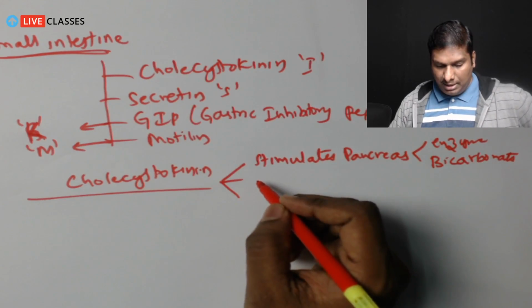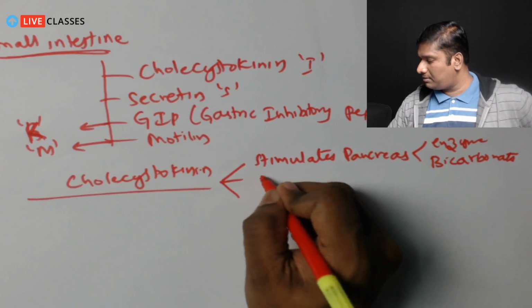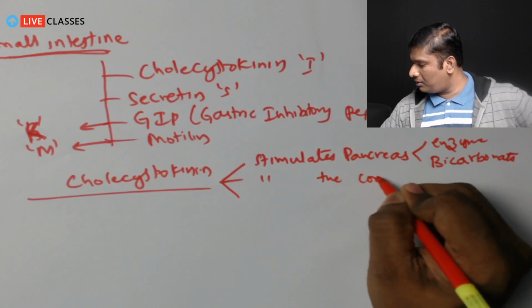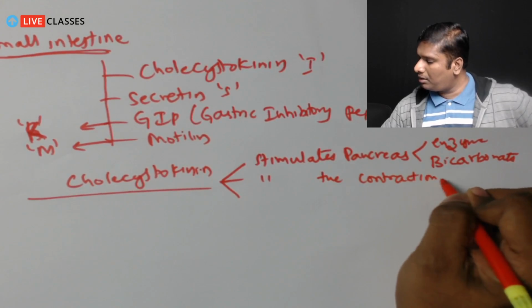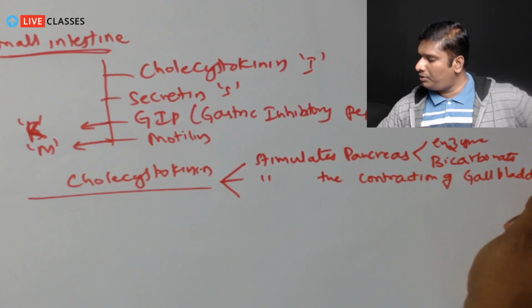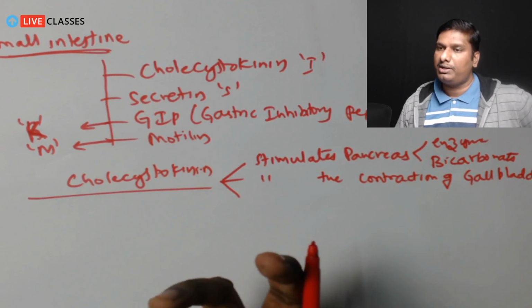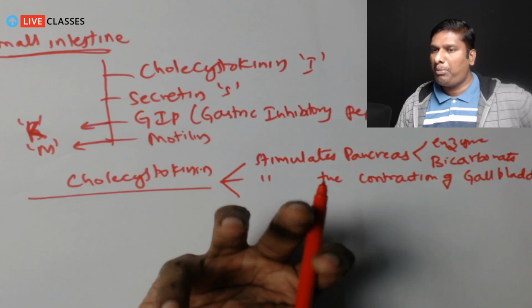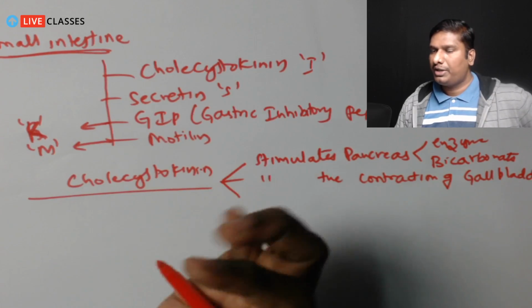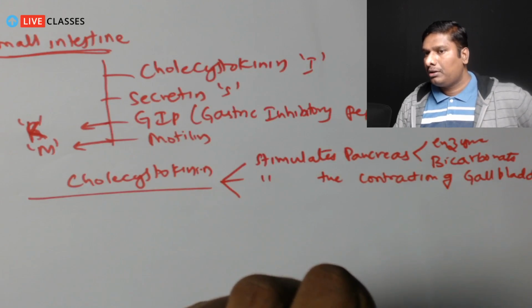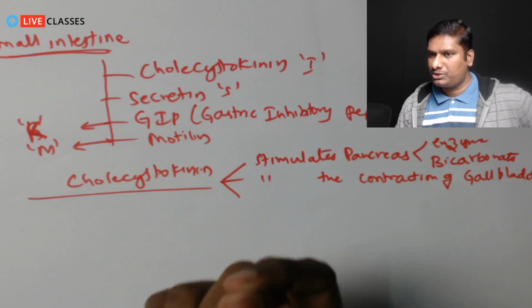Then what else? It also stimulates the contraction of the gallbladder. You know that the bile is stored in your gallbladder. It's basically a pouch or a sac, so it needs to be pressed in order to release the bile which is stored in it.